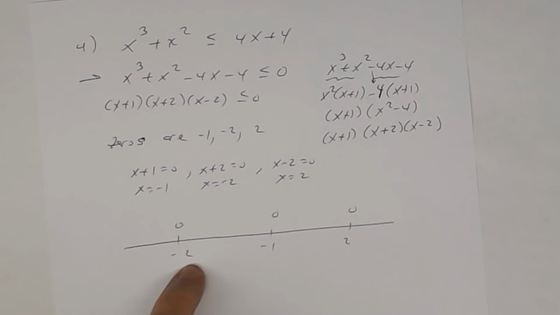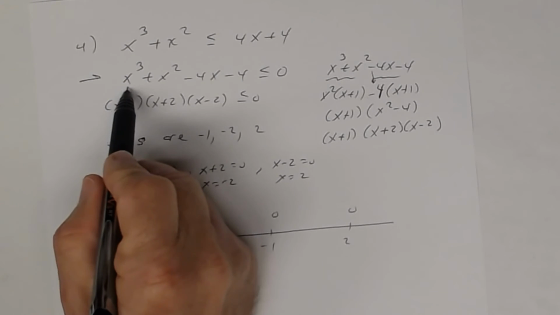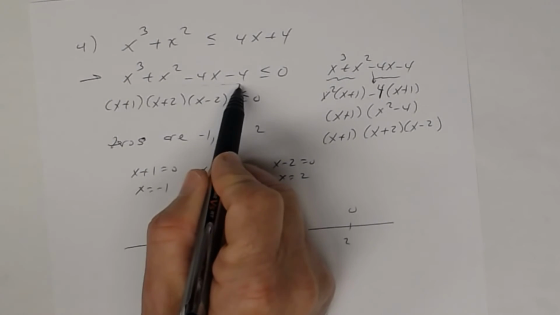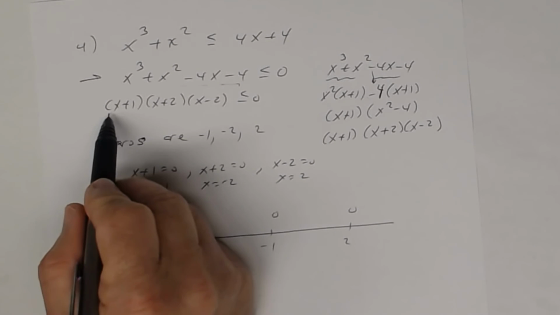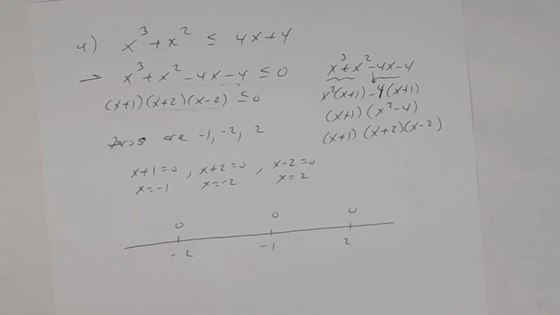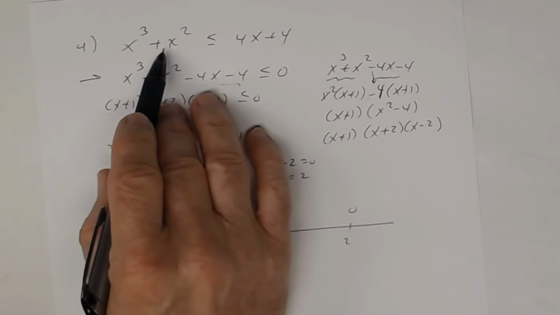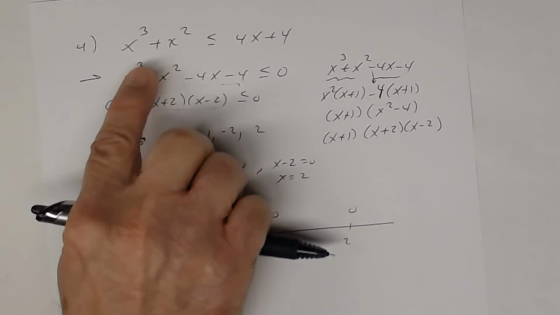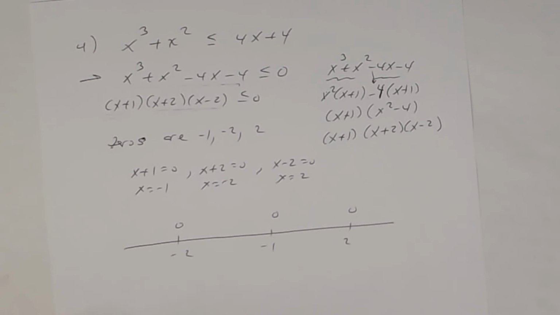So when I say that these are zeros right here, that means -2 makes this 0. -2 makes this product 0. That's what that means. Okay, because you see a 0 there. It doesn't mean that -2 makes this 0. That's not true, because that's not a 0 here. All right, so you got to be careful.